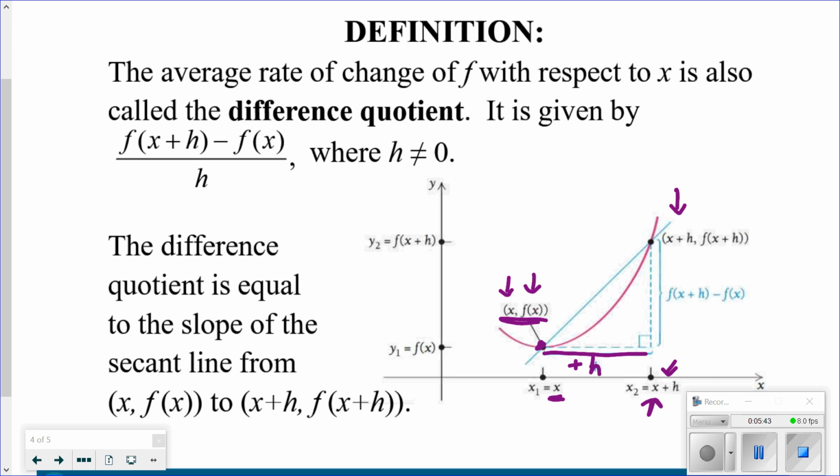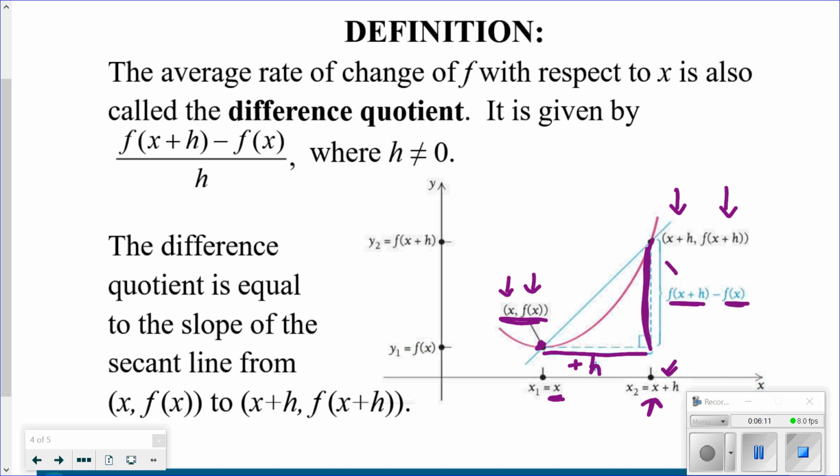It's whatever the x was we started with plus some distance, which means whatever that number is has to get plugged in here for f of x plus h. So we're plugging in the number that x plus h is in that spot. That means this, my rise, now becomes f of x plus h minus f of x.